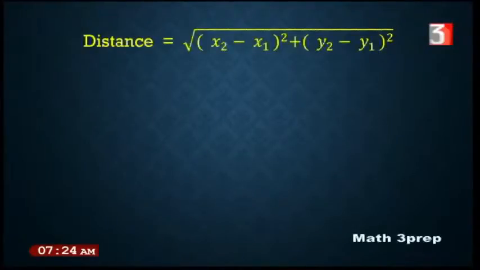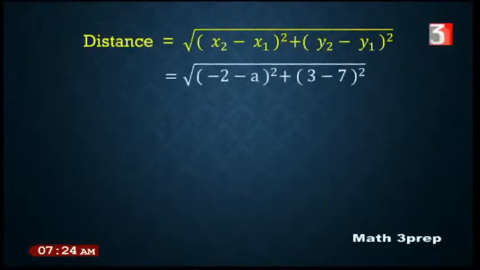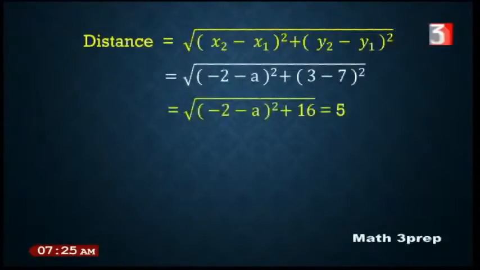By substituting for the values of the two points, it is the square root of (-2 minus a) squared plus (3 minus 7) squared, which gives the square root of (-2 minus a) squared plus 16 equals 5.